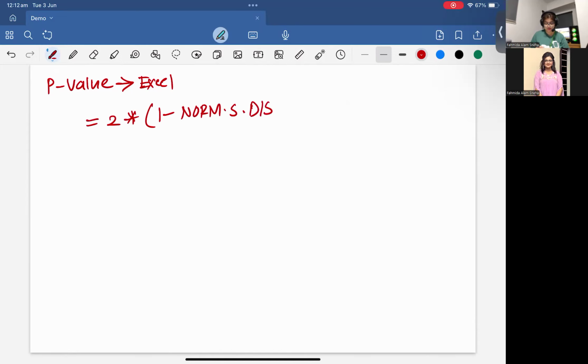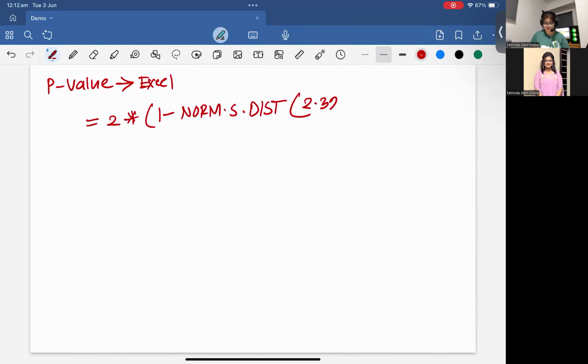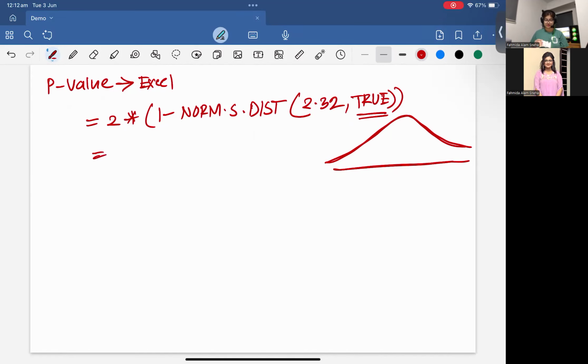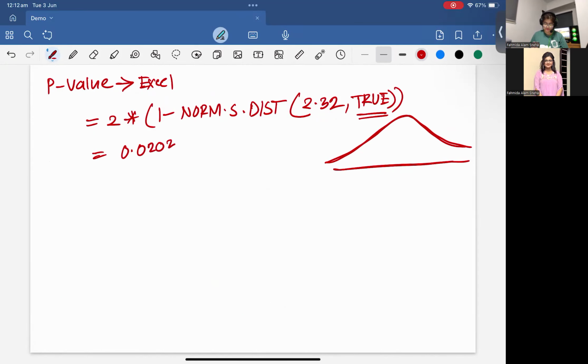You have to remember this, the NORM.S.DIST. And in the bracket, we have to put the z-test first, which is 2.32. It's the z value. And then we have to write TRUE. Now, this TRUE means the area will be below this curved line. All right. Now, the p-value we get after we write this in Excel is 0.0203.